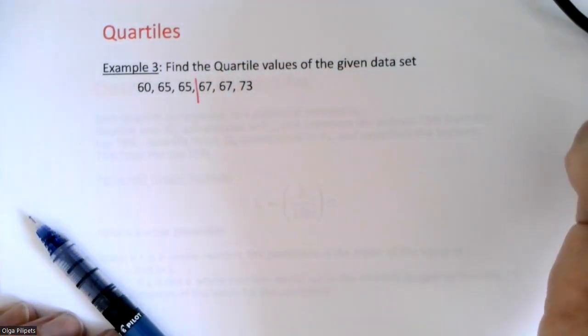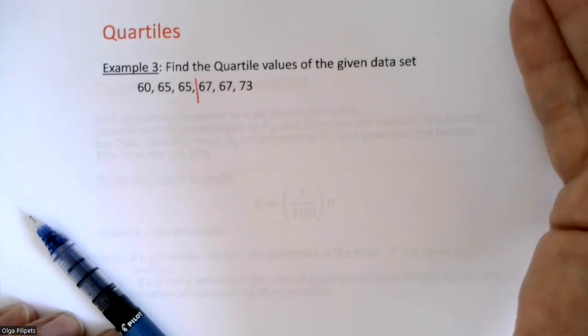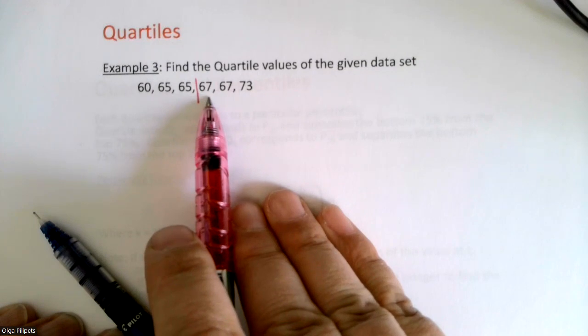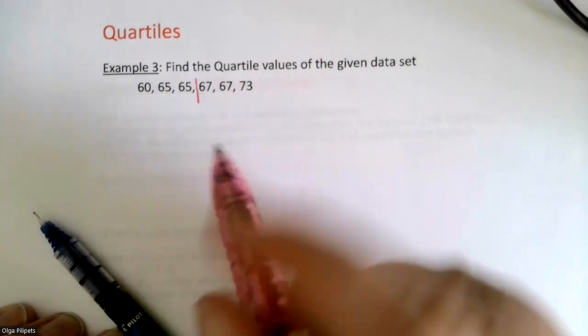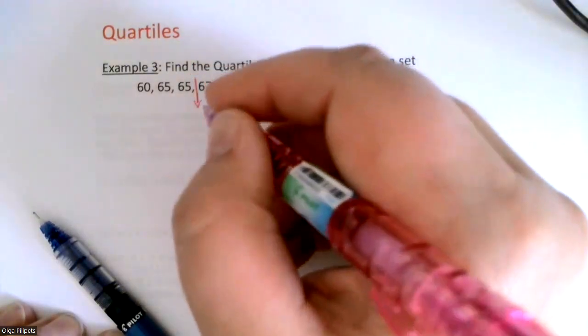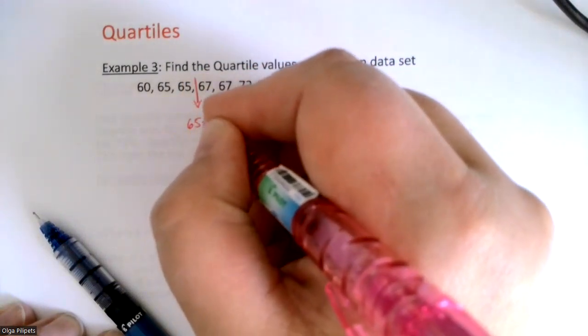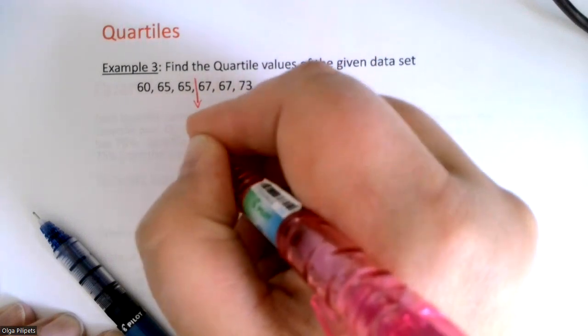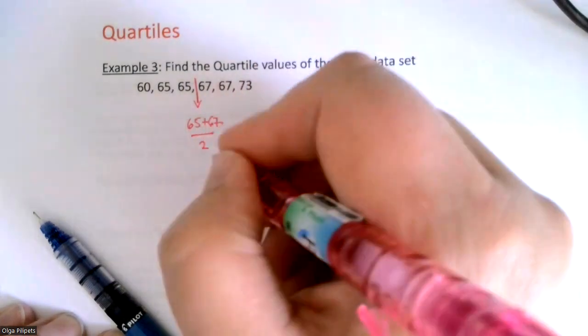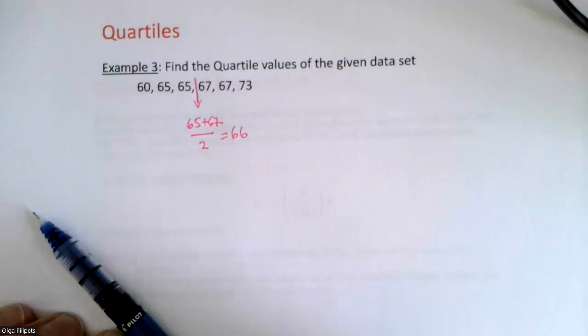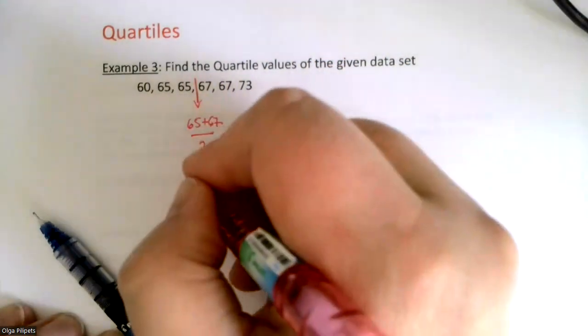So our middle falls in between value number 3 and value number 4. And we learned that in this case, we have to average those out. So we have 65 plus 67 divided by 2, and that will give us 66. And this is our median.